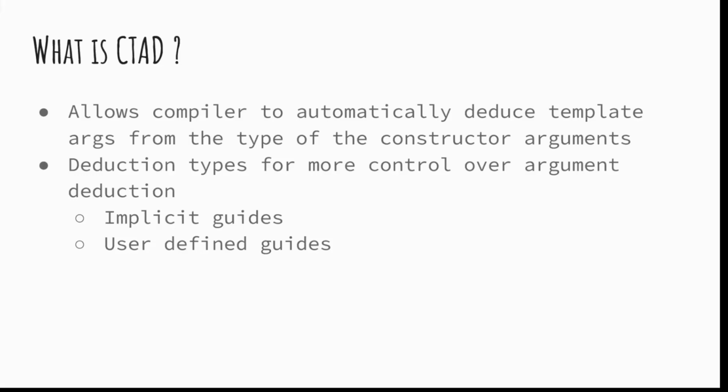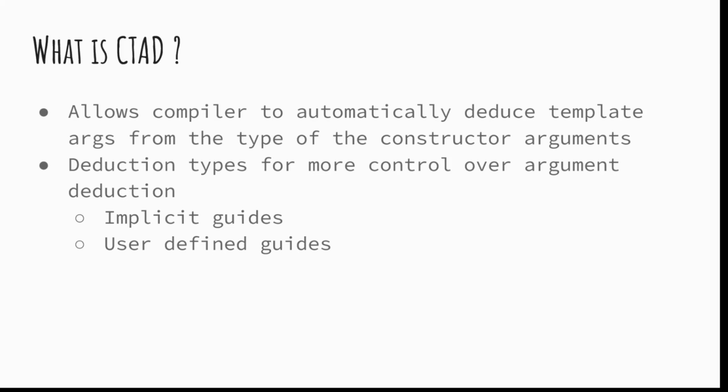Alright, so let's wrap it up by having some final thoughts on class template argument deduction. This feature is all about allowing the compiler to automatically deduce template arguments from the type of constructor arguments. Deduction guides provide the developer with more control over how the arguments are deduced.